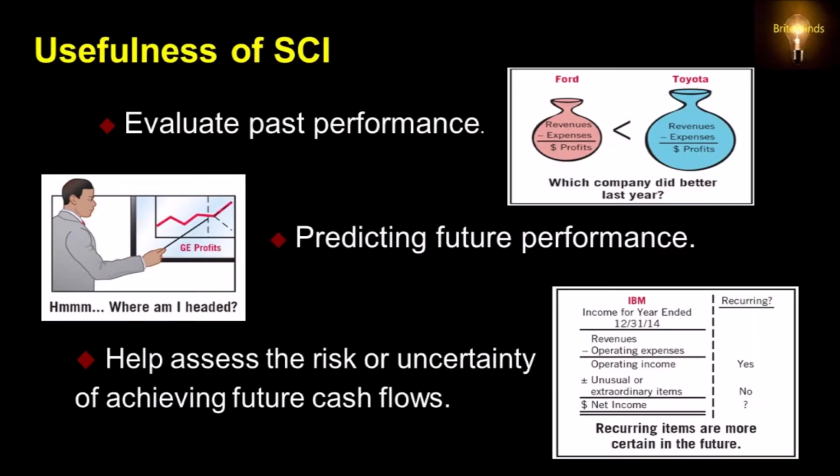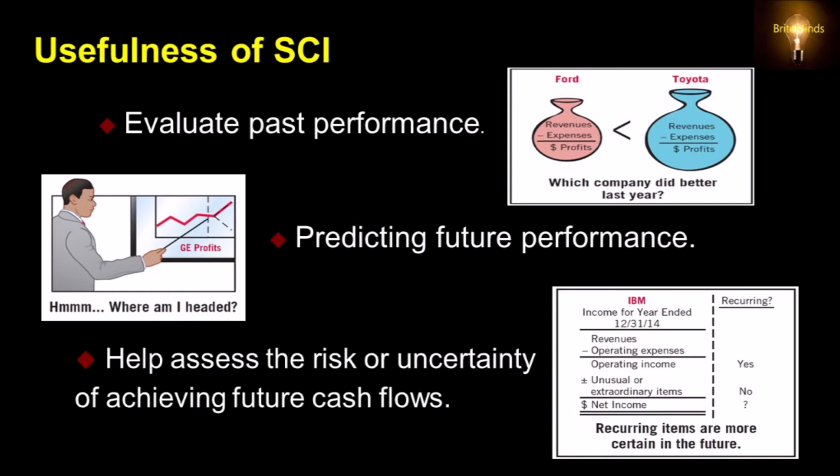What is the usefulness of the statement of comprehensive income? It helps evaluate past performances, for example, between two years, like 2019 versus 2020. Which year did the business entity perform better? Another usefulness is that it helps to predict future performances.